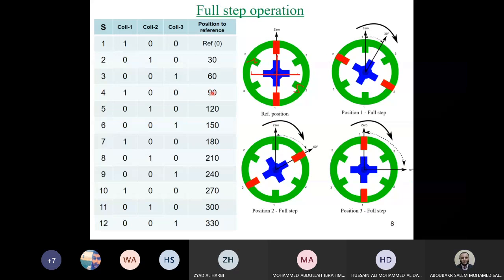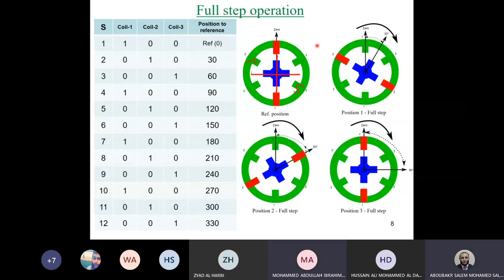Now we apply the supply to 1, then 2, then 3, and if we move the supply in this direction, I mean energizing the coils in this sequence 1, 2, 3, the machine will move in the other direction. Is it right?